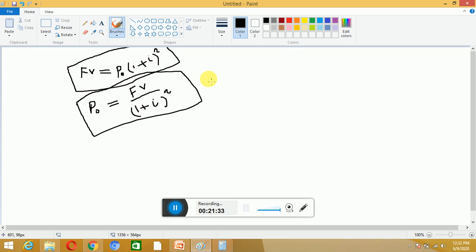How to calculate the present value and how to calculate the future value. I think there will be no problem in this. So inshallah, in the next class we will discuss annuities, what is an annuity and how you will calculate annuities, inshallah.